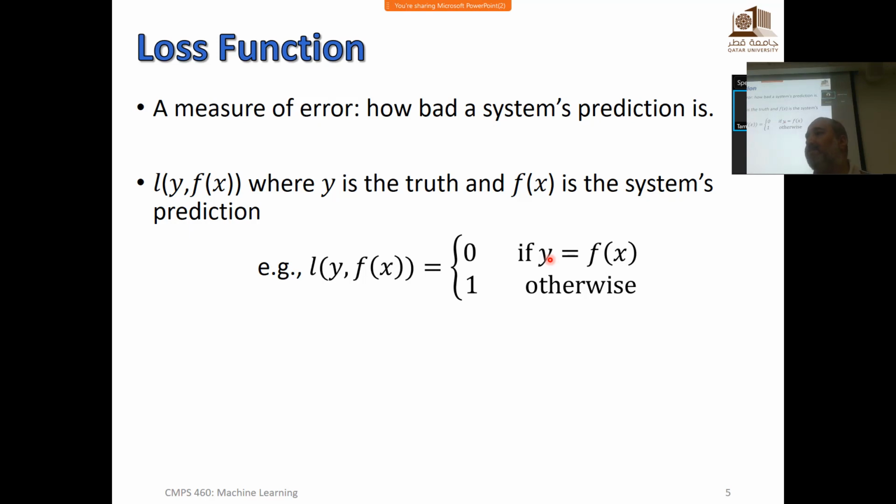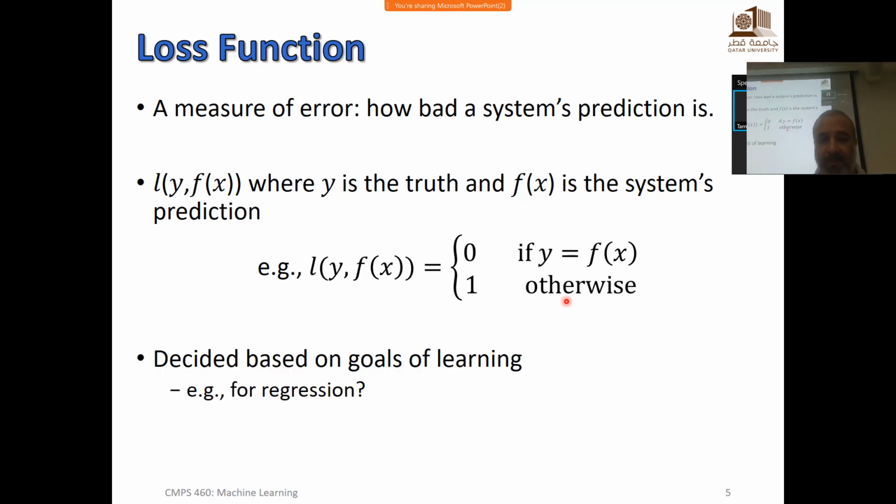So the loss function will give us 0. Remember, even from the name, loss is 0 here. We didn't lose anything. Our prediction is correct. There is no error. Remember always that the loss function is an error function, a measure of error. And 1 otherwise. Otherwise means, in this case, that the predicted label is not equal to the actual label.